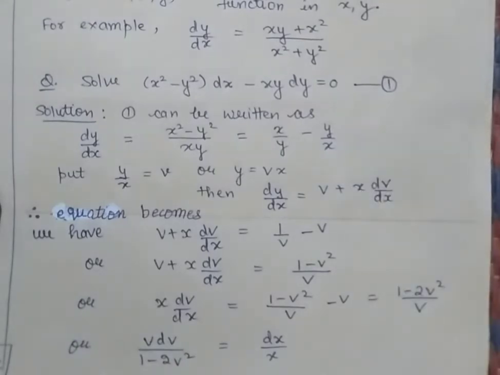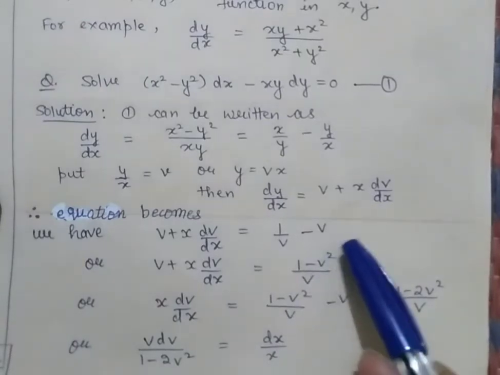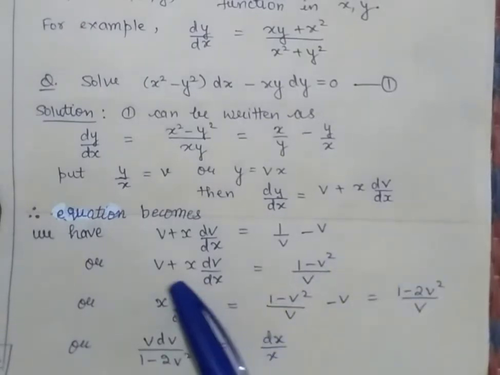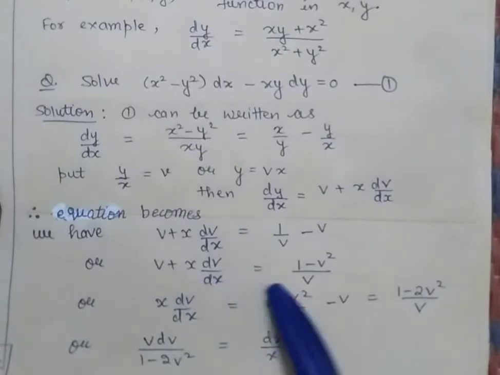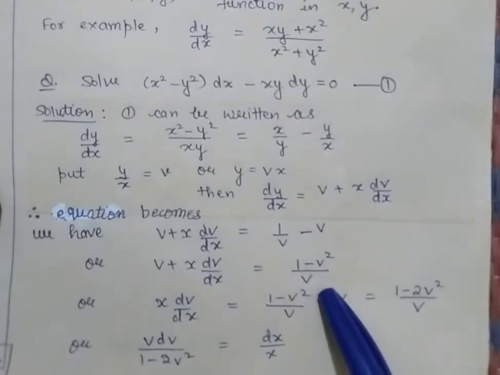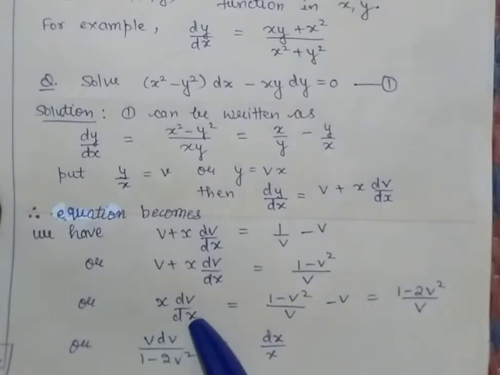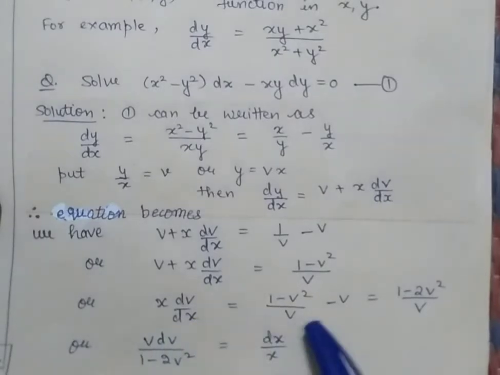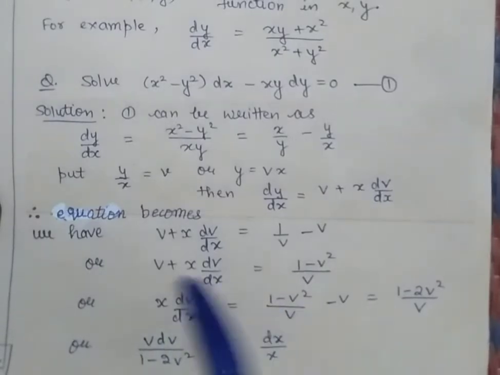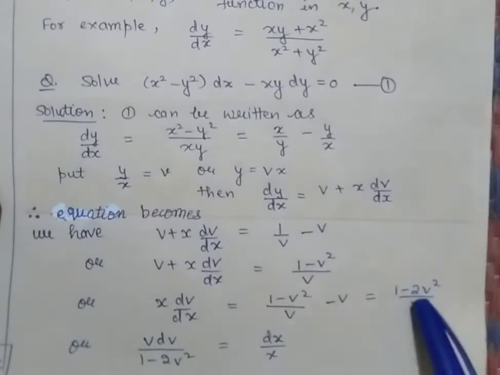But I write y by x equals v, then x by y is 1 by v. So this is 1 by v minus v, or v plus x dv by dx equal to 1 minus v square divided by v. If we take this v on the right hand side of the equation, then this becomes x into dv by dx equal to 1 minus v square divided by v minus v, which is equal to 1 minus 2v square divided by v.